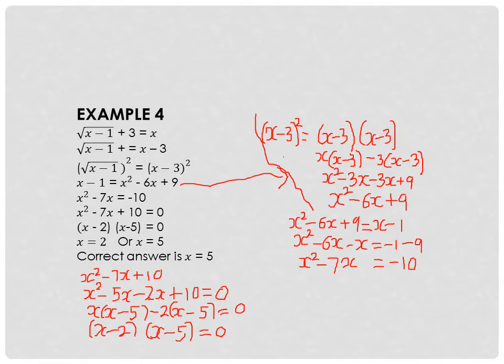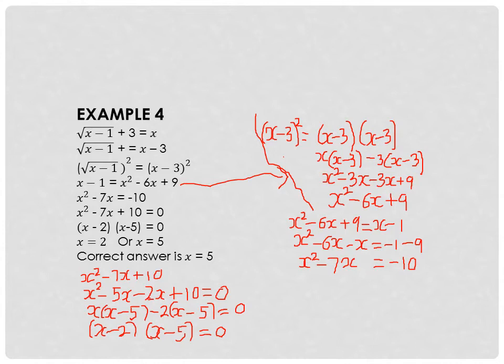I have changed it. We have x to the power 2 minus 6x plus 9 is equal to x minus 1. Now, those with x, we put them together. So we are going to have x to the power 2 minus 6x. X at the right hand side is coming to the left hand side, so it must change to be negative, which is equal to, now 9 is going to the right, 9 is positive, going to the right must be negative.